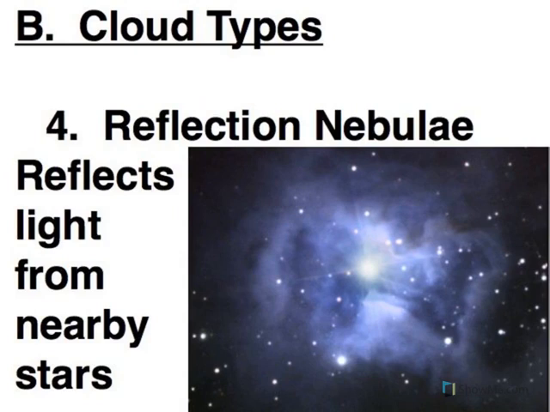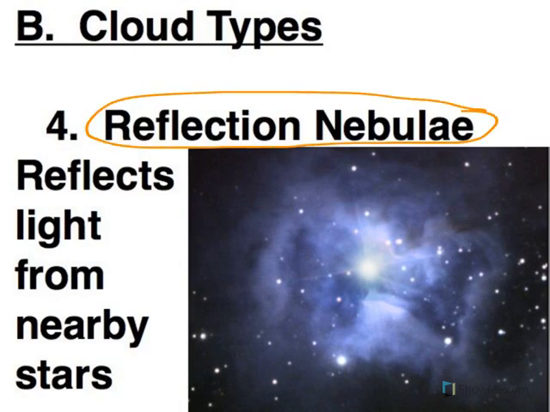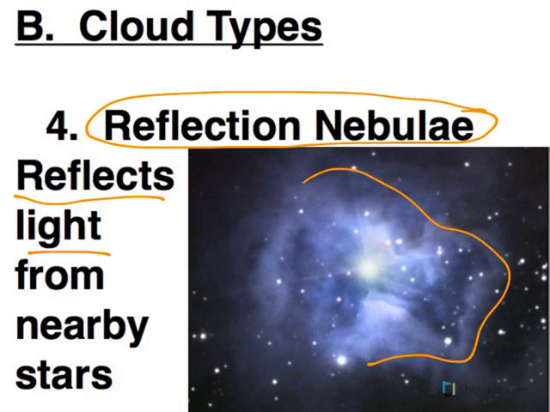Another kind of cloud is called a reflection nebula, and so as the name implies, it's reflecting light, and in this case light from a nearby star. So this blue cloud that you see is being illuminated by this star. So this star is surrounded by this little gas cloud, and the light from the star is lighting up that cloud.